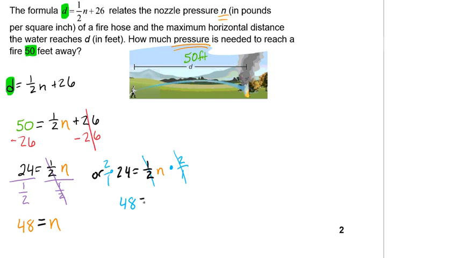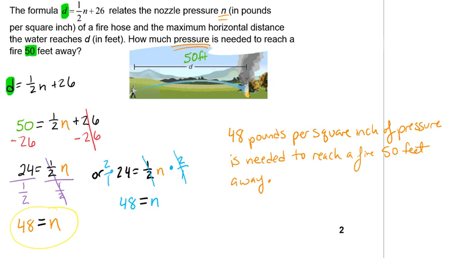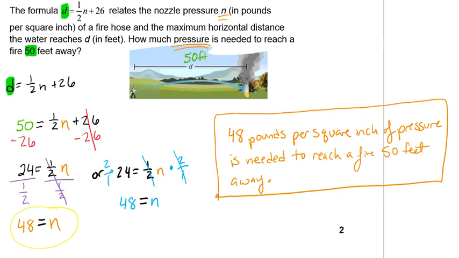And so we still would have ended up having 48 equals N. Okay, so we still get the same answer either way. So we would say that 48 pounds of pressure per square inch is needed to reach a fire 50 feet away.